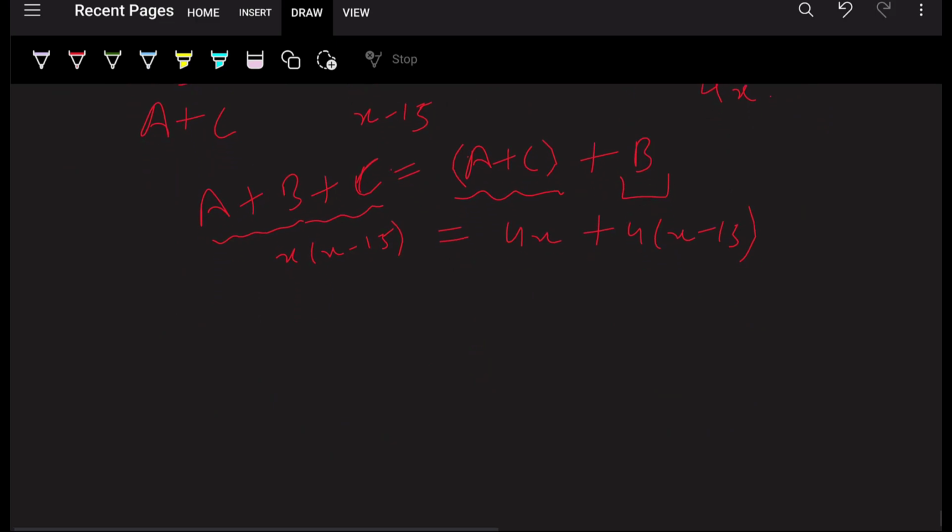Now we will solve this equation. So x square minus 15x is equal to 4x plus 4x minus 60. So now x square minus 23x plus 60.